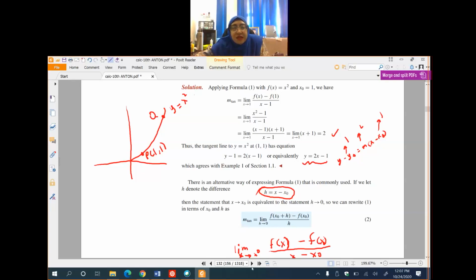So here the limit can be written in terms of h as the limit h tends to 0, because x is getting closer to x naught, our h will be getting closer to 0. And then x is equal to h plus x naught.